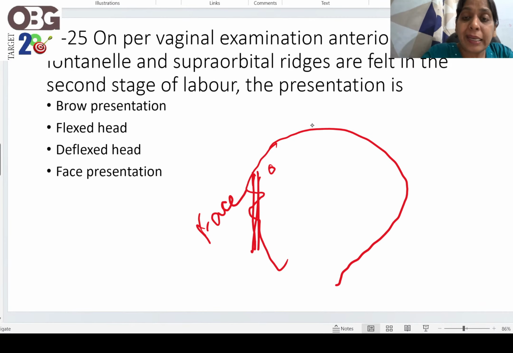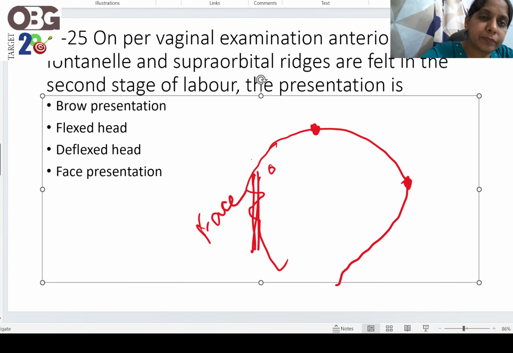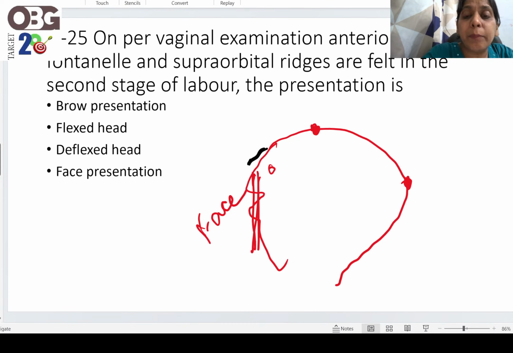Here is the anterior fontanelle and here is the posterior fontanelle. The part from the base of the nose till the anterior fontanelle.